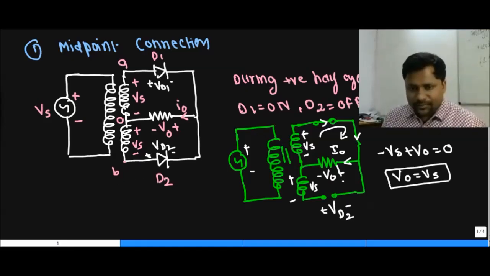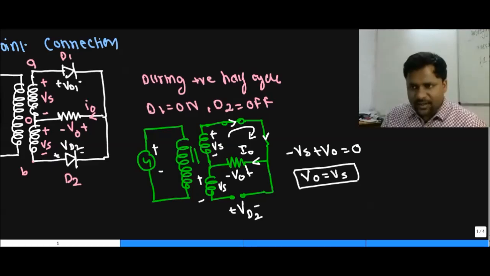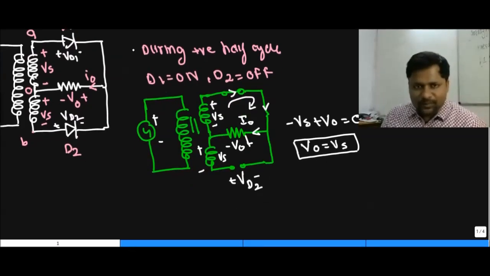If I closely examine this circuit during the positive half cycle, this plus Vs turns on diode D1, current flows through the load, and energy is dissipated in the resistance. Similarly, in the OB part, the current tries to flow like this, but it turns off the diode because of the cathode connection. So D2 becomes off and D1 becomes on due to the positive supply.